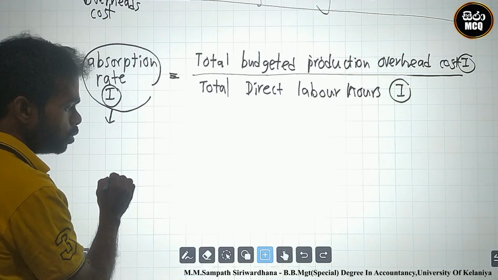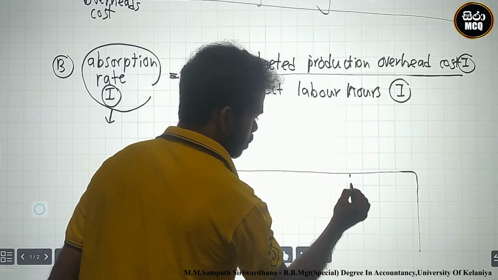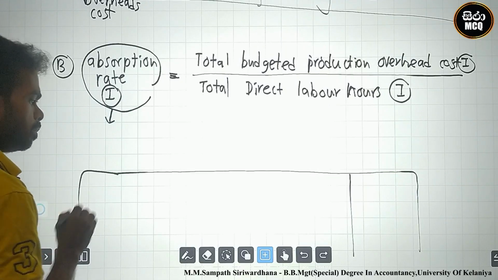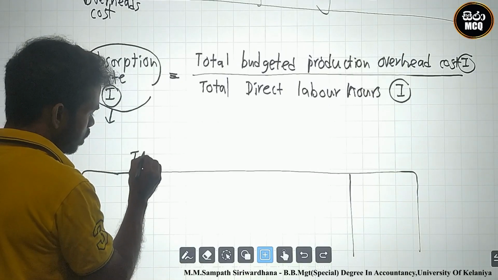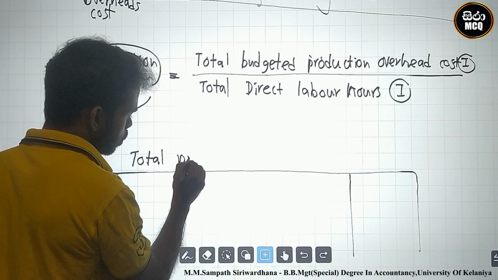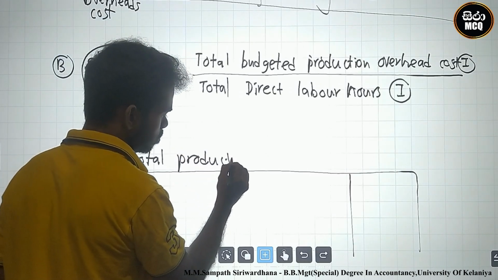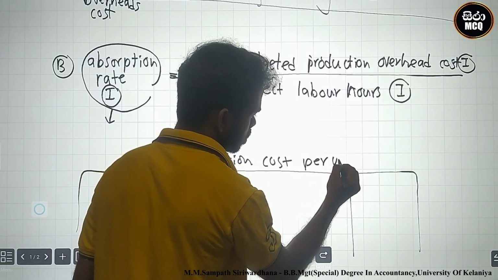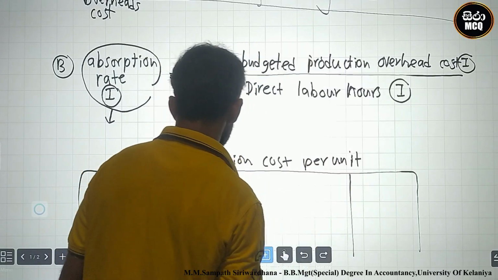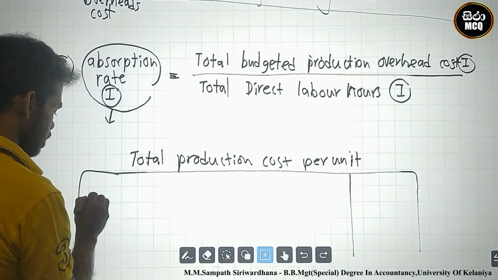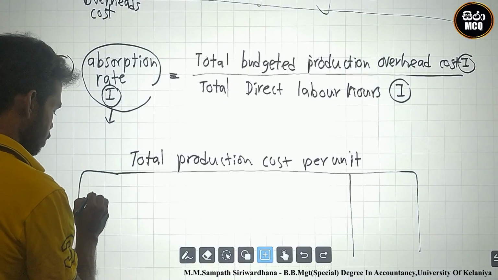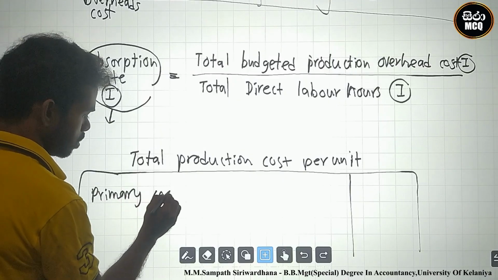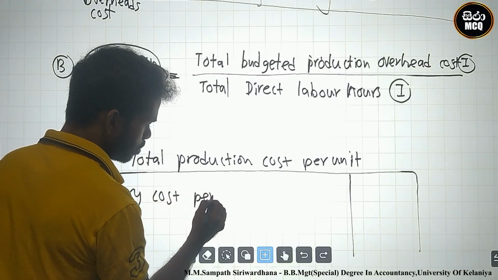At that point, you prepare the total production cost per unit statement. How can you calculate it? Firstly, you identify the primary cost per unit.